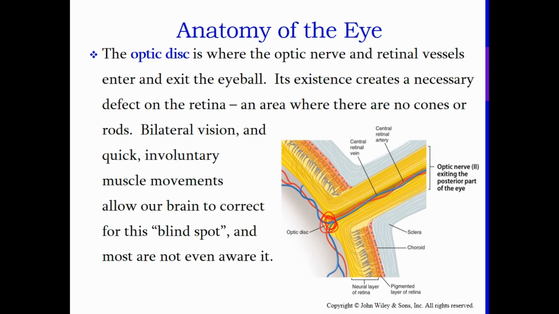Its existence creates a necessary defect on the retina, an area where there are no cones or rods. And because of bilateral vision and quick involuntary muscle movements, it allows our brain to correct for this blind spot. And most people aren't even aware of it. The reason is the blind spot of your right eye does not overlap the blind spot of your left eye.